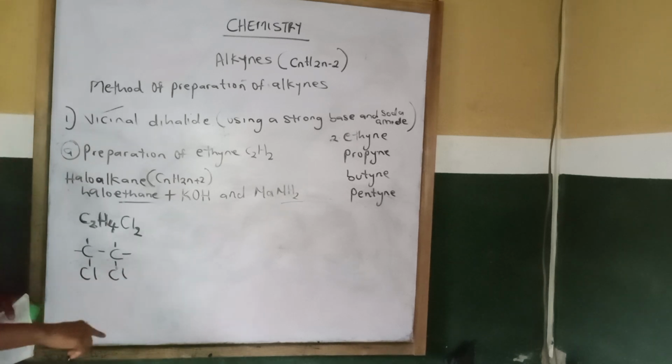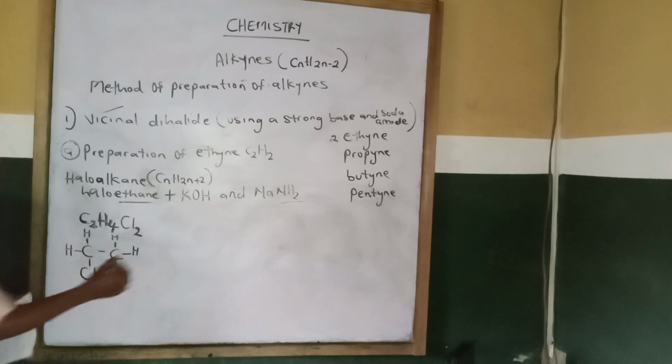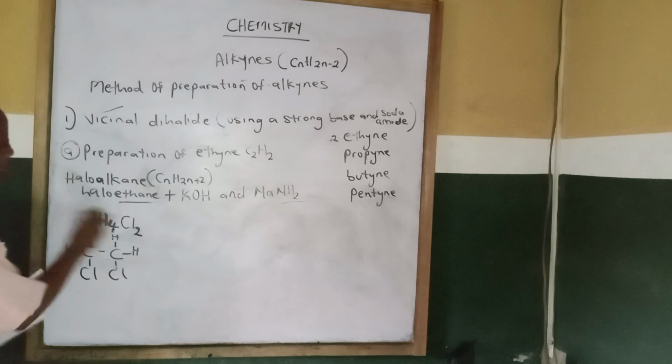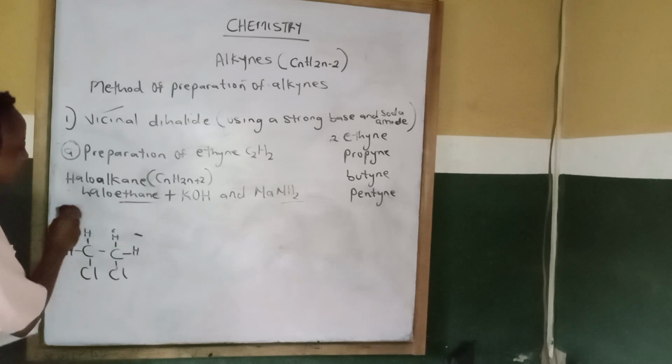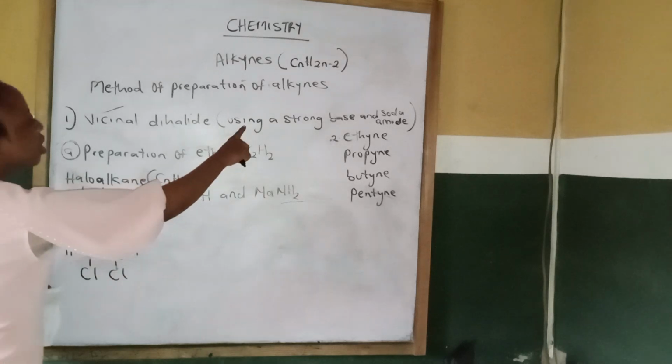So they are on adjacent carbons. Then we fill the remaining chemical bonds with 4 hydrogen atoms. 1, 2, 3, 4.